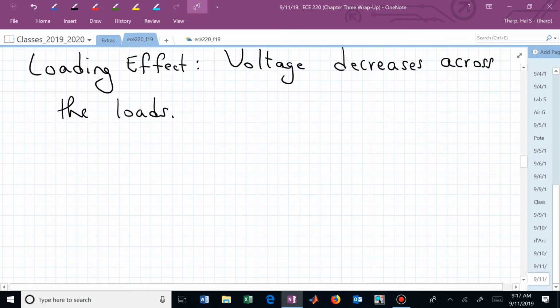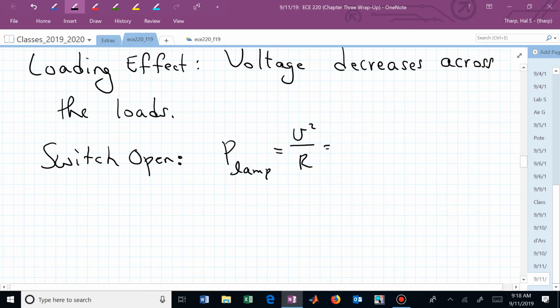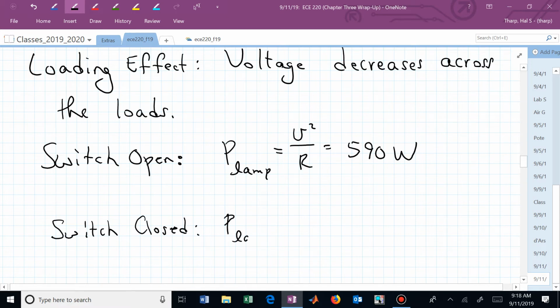So let's write down, with the switch open, the power in the lamp is V squared over R, and the V squared was 116. I didn't write it down, but this is now 590 watts. With the switch closed, the power formula is still the same.